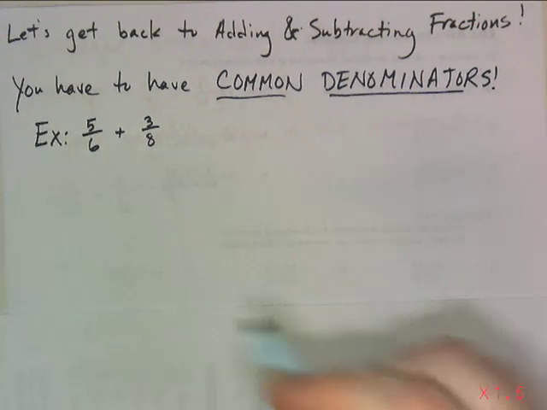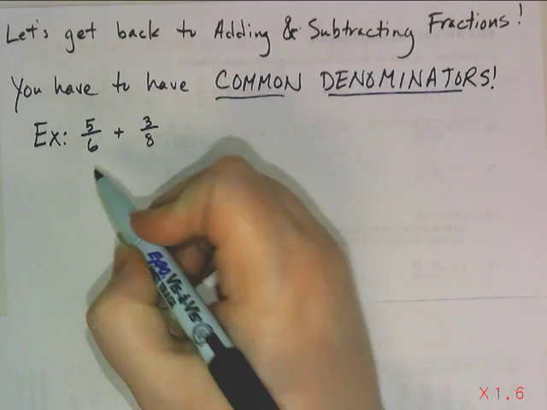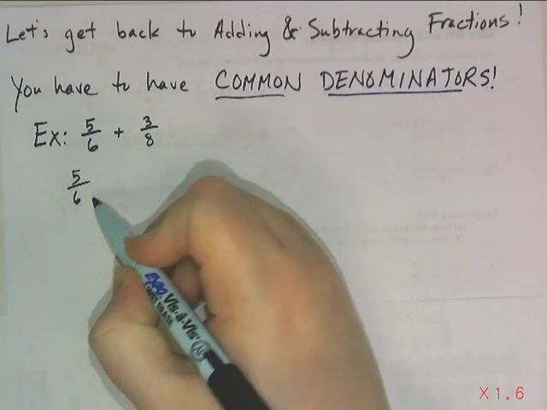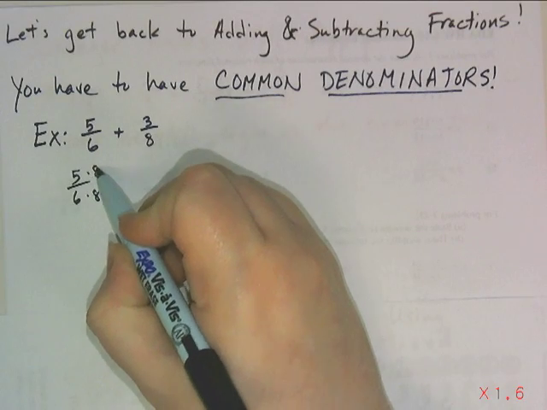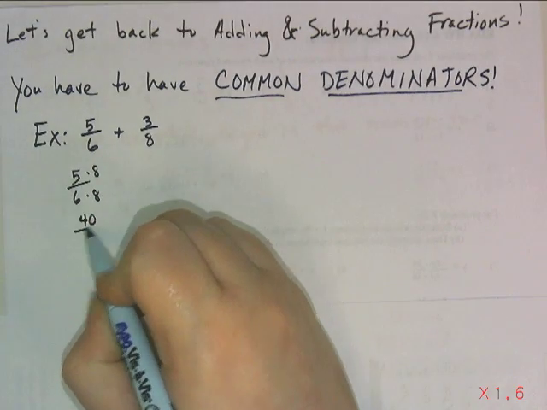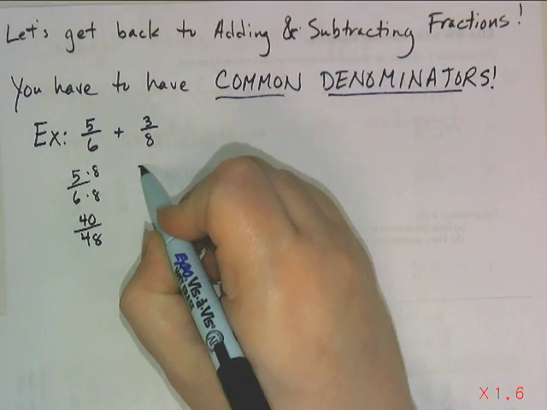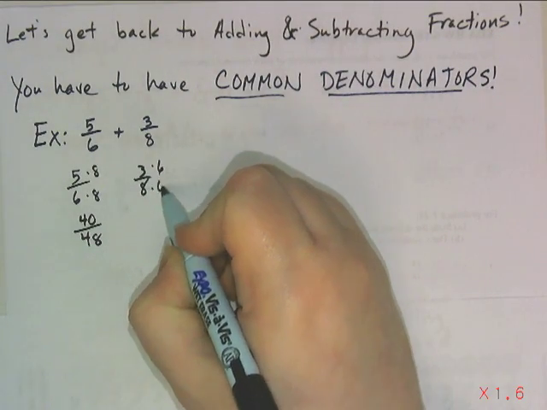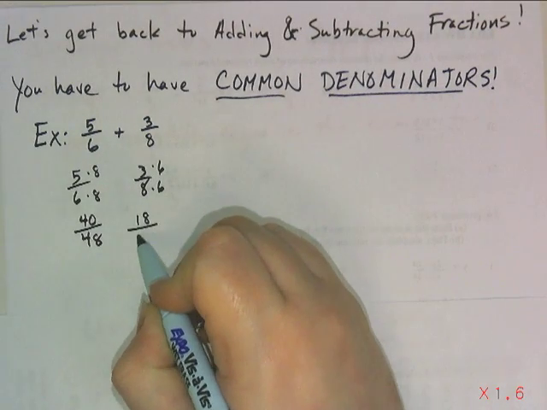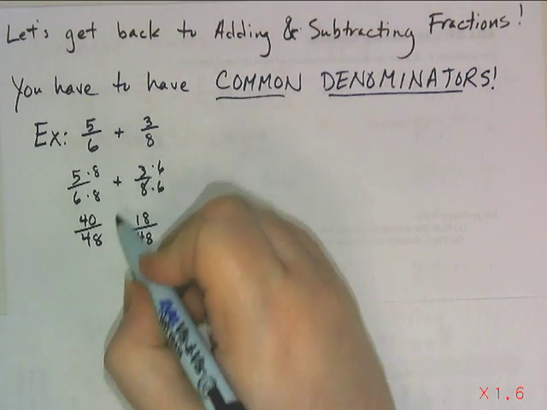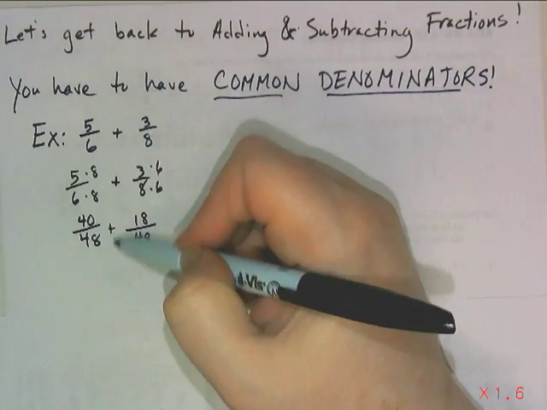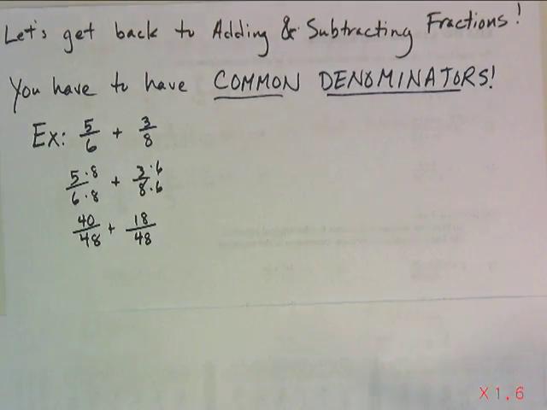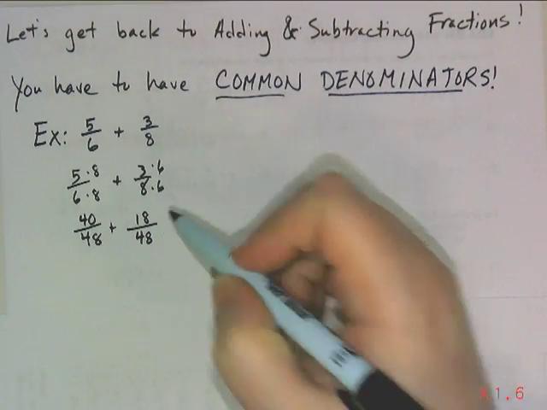Because when we just take and multiply our two denominators together, we're more likely to have to do more simplifying at the end. So here, if I do 6 times 8 and say that I want to use 48, and I multiply those both by 8, that gives me 40 over 48, and I multiply these both by 6 so that I get 18 over 48, and then I make sure to add. Be careful that you are performing the correct operation after you change your fractions to common denominators.